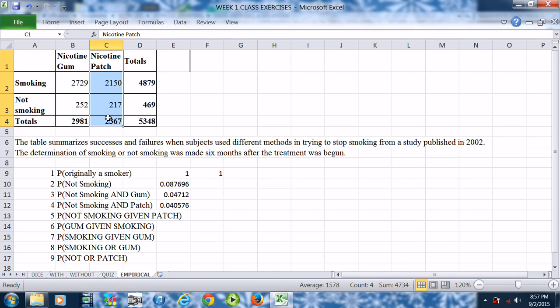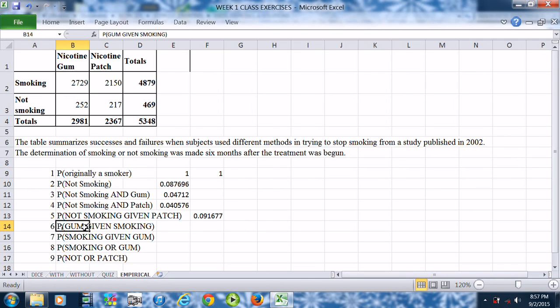So of those who tried to quit with the patch, there are 2,367. Of these 2,367, the number who are still not smoking is 217. So the probability of not smoking given the patch is the 217 divided by the 2,367. And that gives us 0.09167.